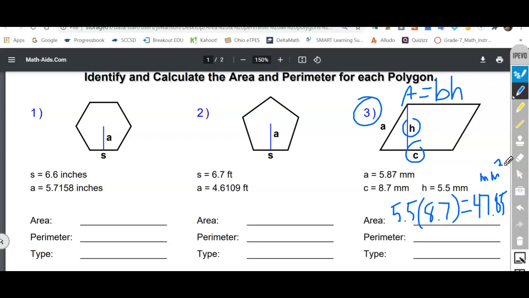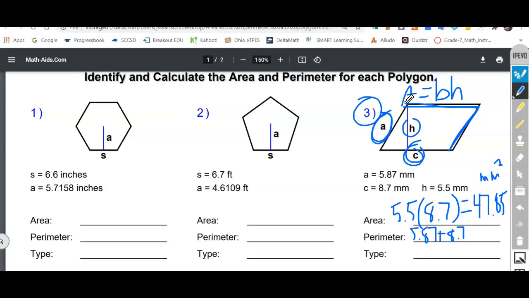Perimeter. What's the perimeter on this? What do I do to find the perimeter on this one? Maya? We do 5.87 plus 8.7, because that's A and C, right? But what about the other two sides? I got 2 sides, but I got 2 more.